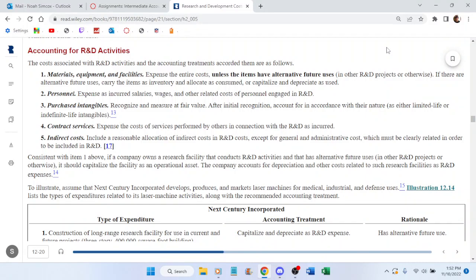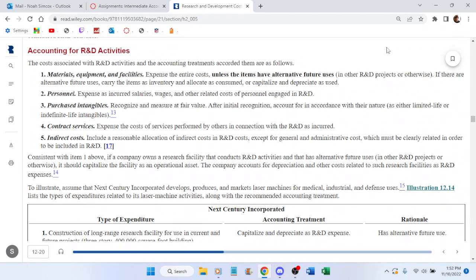Purchased intangibles: recognize and measure at fair value. After initial recognition, account for it in accordance with its nature as either a limited life or indefinite life intangible. Contract services: expense the cost of services performed by others in connection with the R&D as incurred.